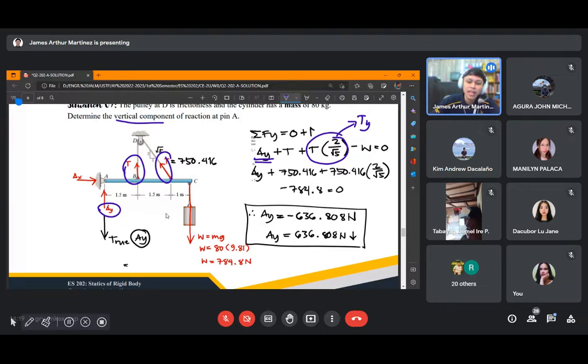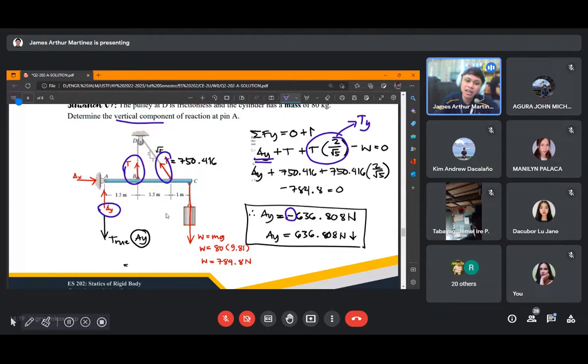Okay? So, the negative sign there, class, indicates that the correct direction of your Ay is opposite to the assumed direction. So, the assumed direction is upward, meaning ang correct niya nga direction ni Ay is downward dapat na siya.